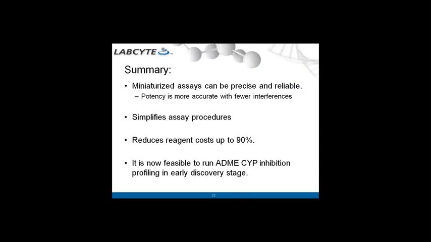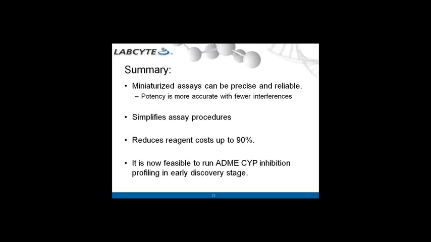So in summary, I think we all agree that data quality is the most important factor in assay performance. I hope the data I have shown here have demonstrated that with ECHO liquid handler, miniaturized assay can be accurate, precise, and reliable.